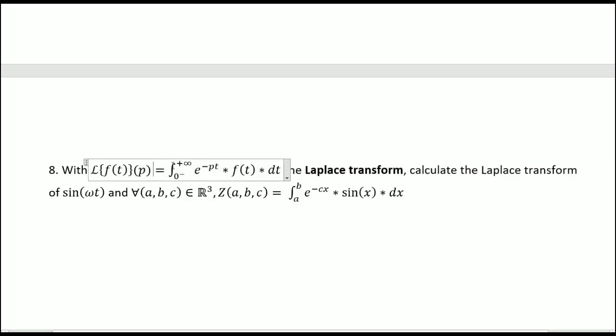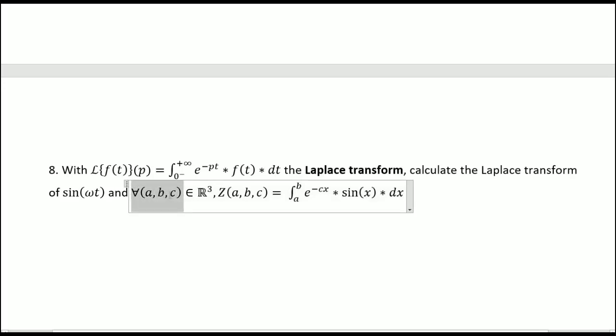We are going to call the integral between 0 minus and plus infinity of exponential minus pt times f of t times dt the Laplace transform of that function f of t. So we're going to calculate the Laplace transform of sine omega t, and then we are going to calculate another function that is not at all related but very similar.